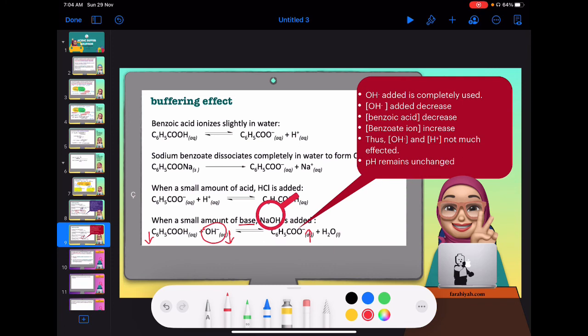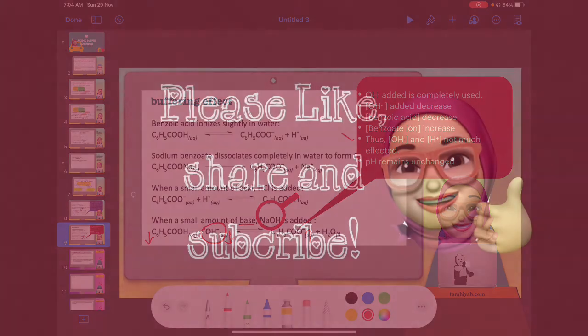So, since the concentration of OH minus added decreased, the concentration of OH minus and H plus in the buffer solution is not much affected. Thus, the pH remains unchanged.